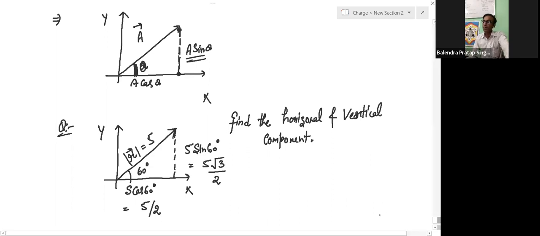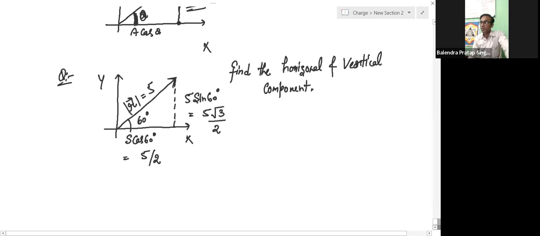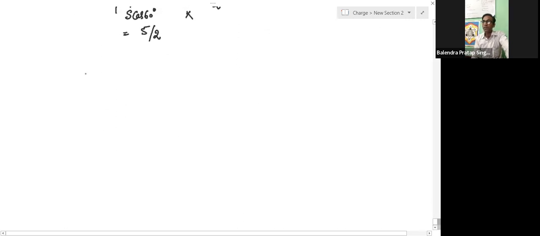Okay, and one more question I'm giving you. Suppose I am taking a vector of 5 units and another vector of 3 units. Find in this case the resultant.